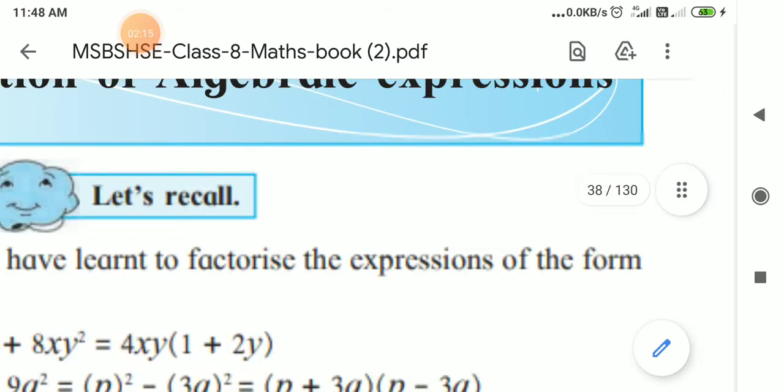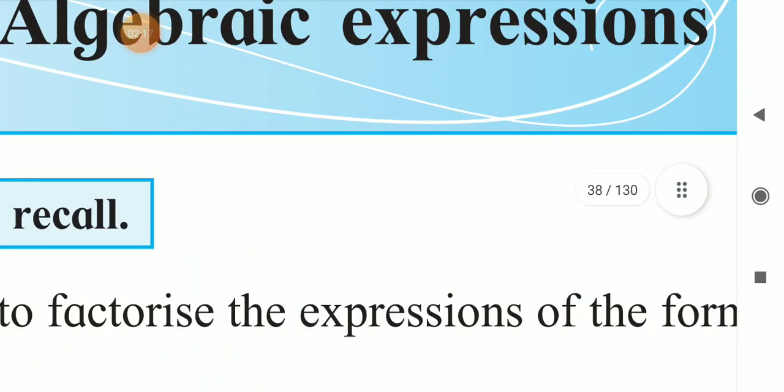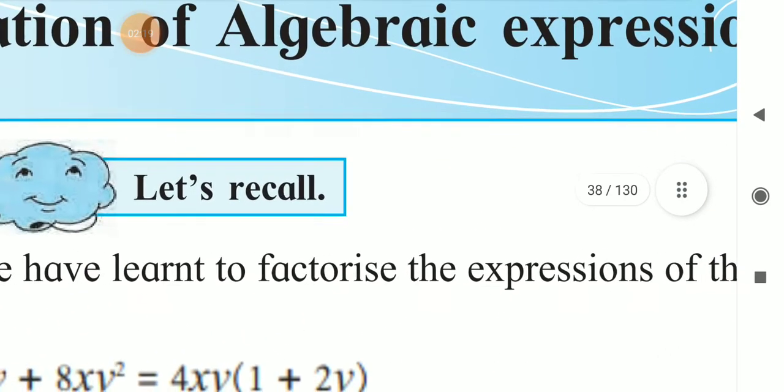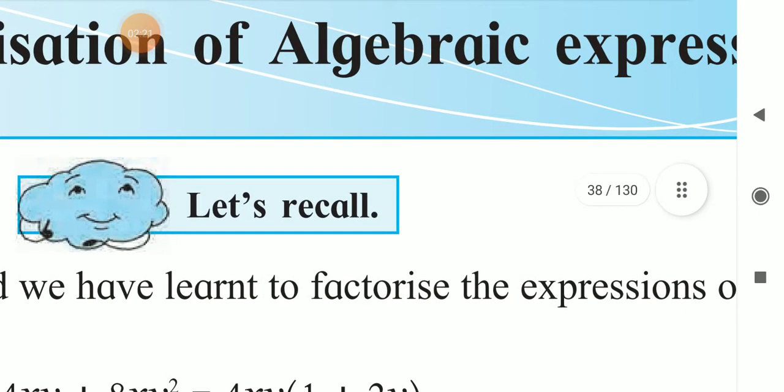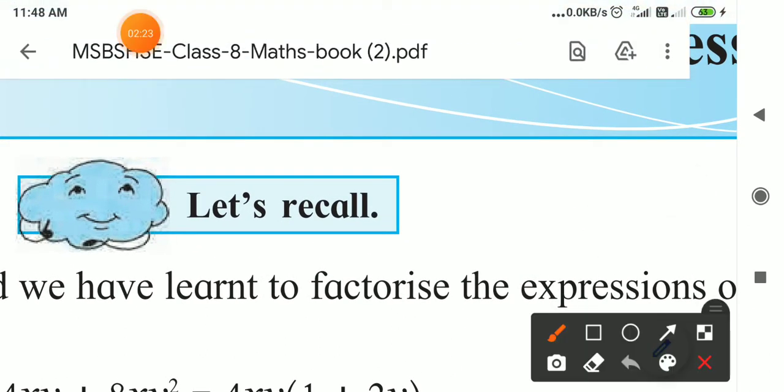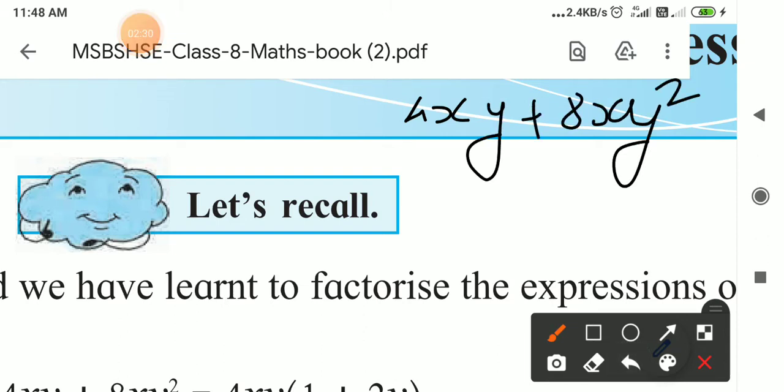When such examples come, we have to check each and every term. First of all, we check 4. 4 is a factor of 8 also, so you take 4 outside.